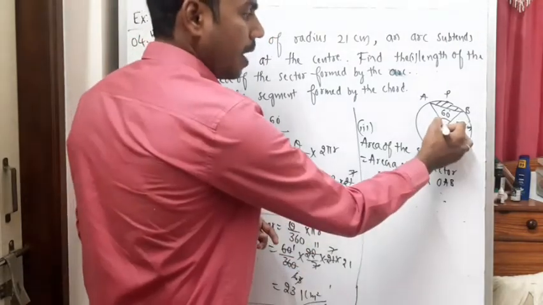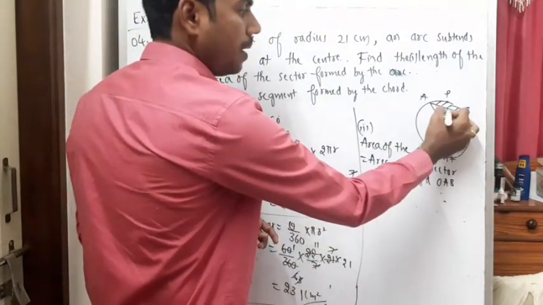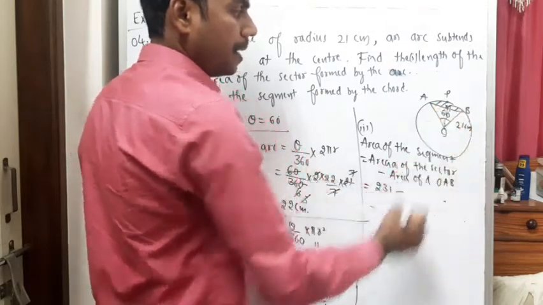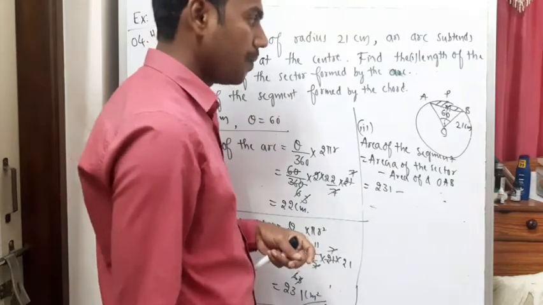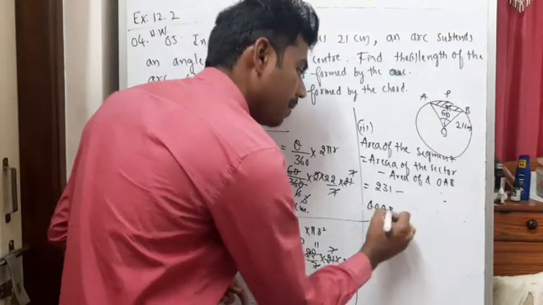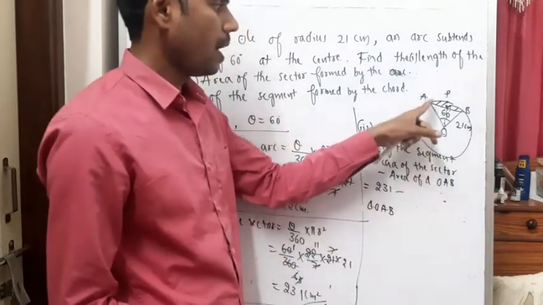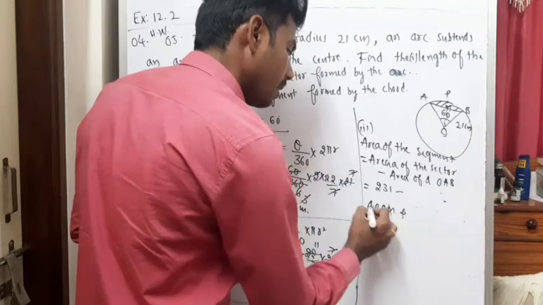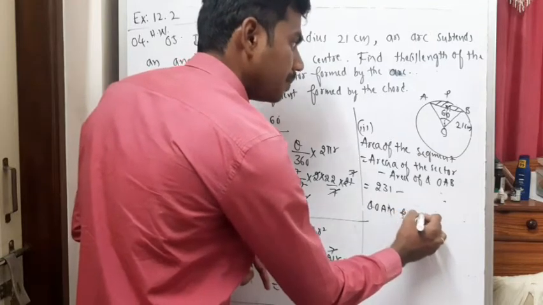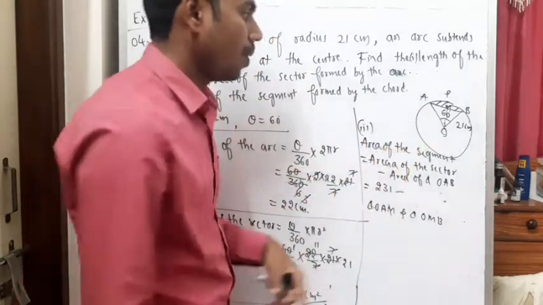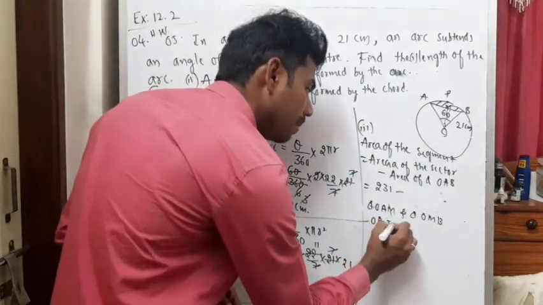Draw OM perpendicular to AB. Now consider triangle OAM and triangle OMB.